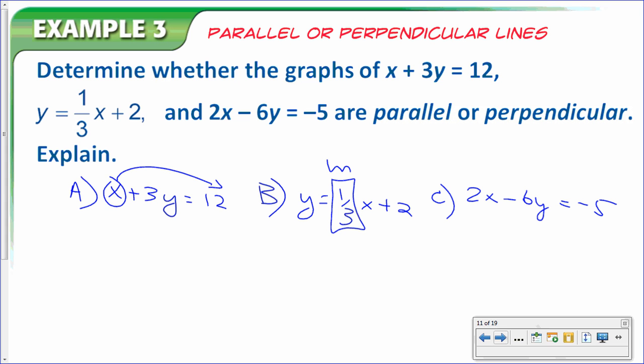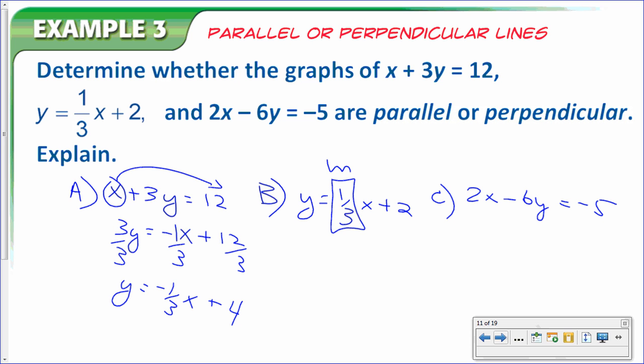Move that over there, that gives me 3y equals -x. Put a 1 in front of it if you like. Then divide by 3. y equals -1/3 x plus 4.